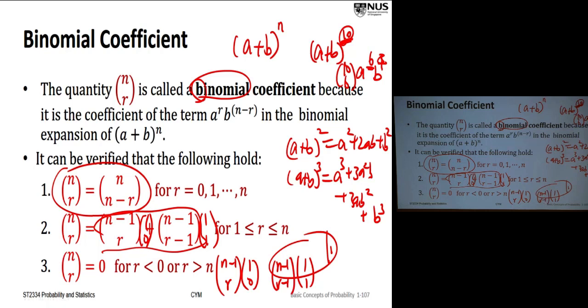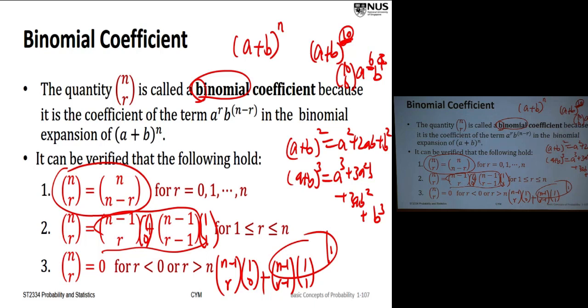So there are two scenarios. The first is the particular object is not in my choice. The second is that one must be in my choice. These two added up will be the same as choosing R objects out of the n objects. All right? So this is a combinatorial argument. But of course, algebraically, you can show that they are the same.